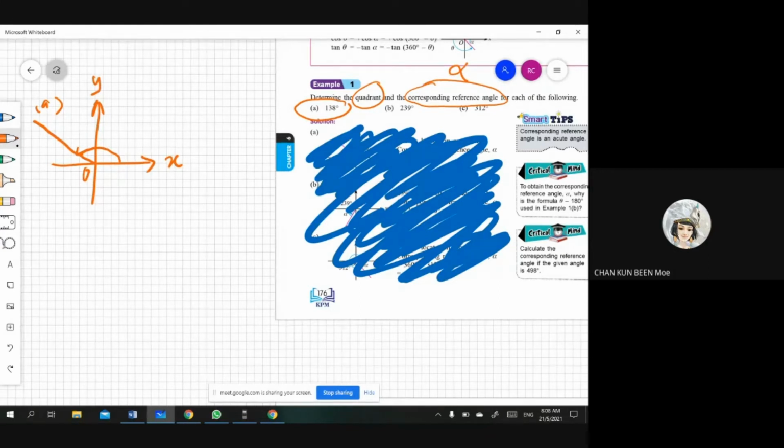Okay, so we know 138 degrees is located in which quadrant, class? Yes, second quadrant. So it's located in quadrant 2.